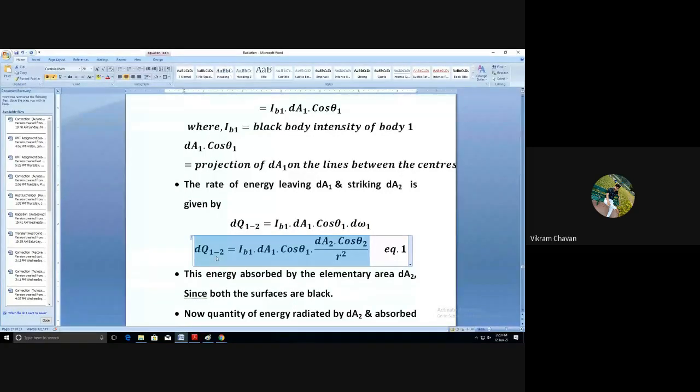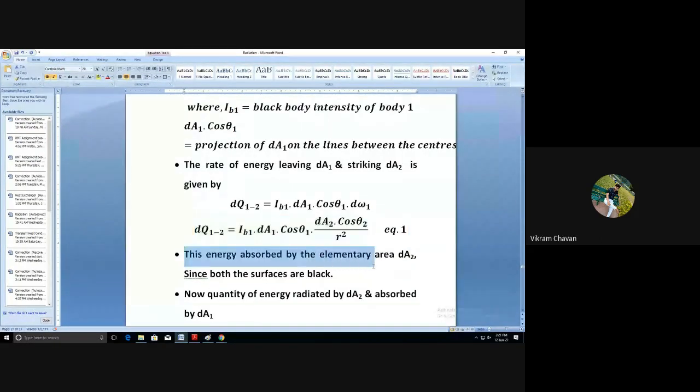This amount of energy is leaving body 1, and the same amount of heat strikes the other body. Since the other body is also a black body, all the radiation incident on it will be absorbed. So this energy is absorbed by the elementary area dA2, since both surfaces are black.